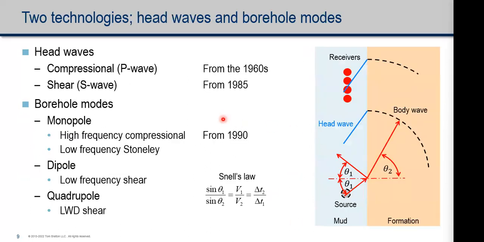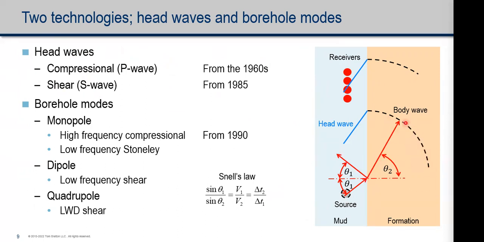There are two technologies that have been introduced. The original technology was what we call head waves. You have a source in the mud, and you broadcast a signal. There's a ray that goes here, and you get some internal reflection, and you get the body wave in the formation.